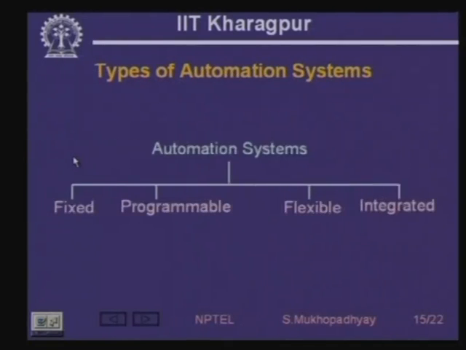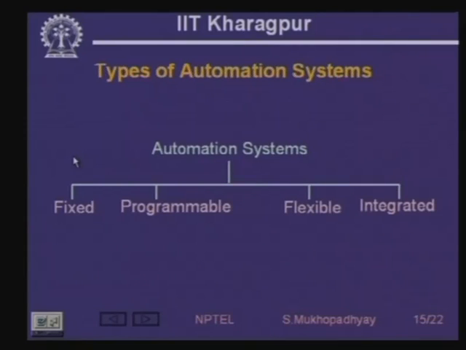Now we will see how, for these various types of production systems, the various types of automation systems will each be suitable for given types of industries. Let us see the various types of automation systems, again categorized into 4 types.